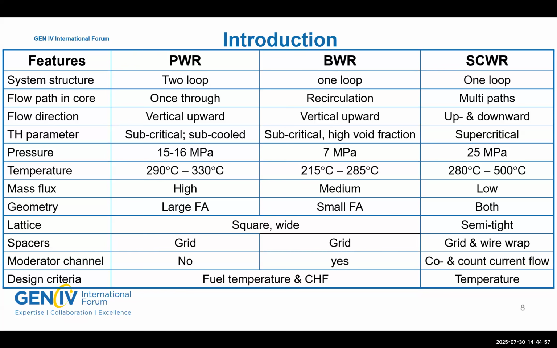So this table summarizes the comparison between the PWR, BWR, and SCWR, and you will see that the thermohydraulic properties can bring a lot of advantages for the SCWR, but at the same time, they also bring a lot of challenges, such as the multipass, the counter-current flow in the moderator channel and the coolant channels, and also the very high pressure and very high temperatures of the coolant.